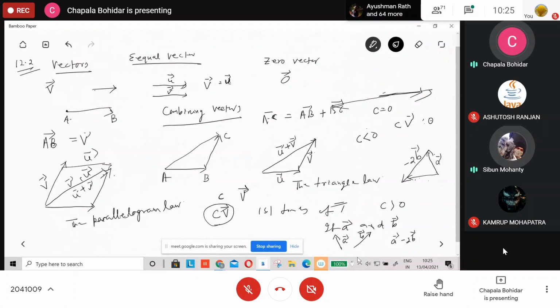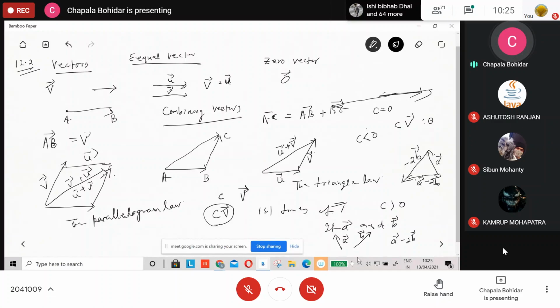A minus 2B. Yes, very good. This plus this: this is minus 2B, this is this plus this. So we get this value is our A minus 2B. This is our figure, A minus 2B.